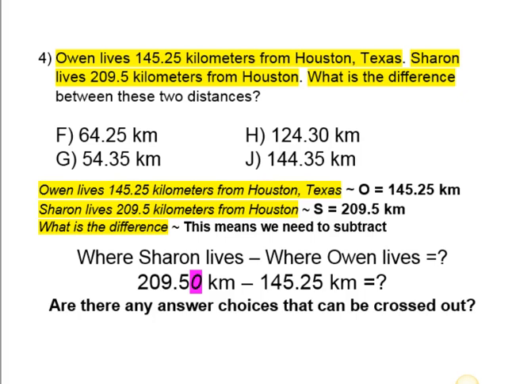So again, 0.50, which is like 50 cents with money, minus 0.25, you give somebody a quarter. Knowing what that answer would be, point whatever, looking at the answer choices, is there anything you can cross out that we know is wrong?